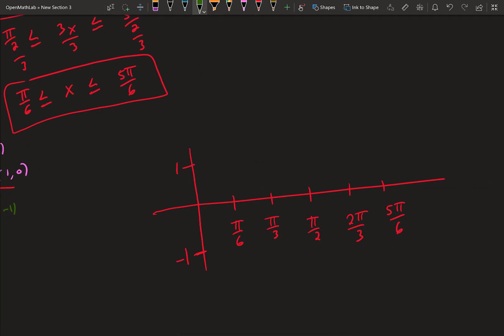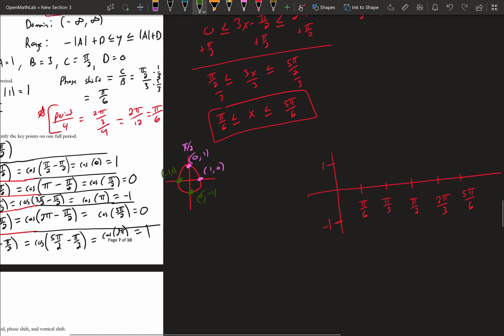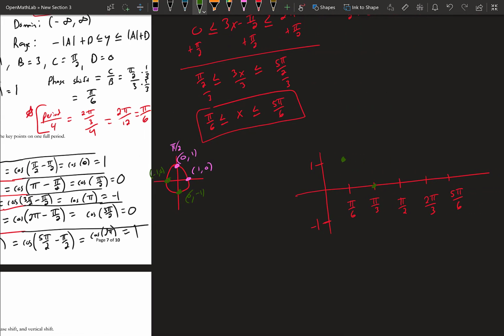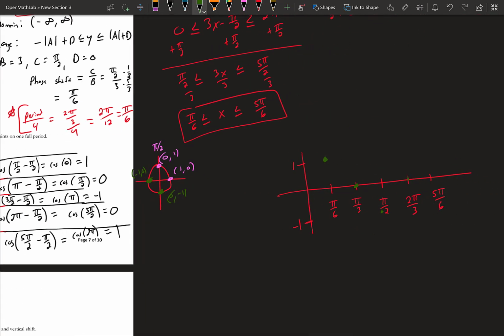So if I plot these points, for pi over 6 we had 1, pi over 3 was at 0, pi over 2 is -1, 2 pi over 3 was 0, 5 pi over 6 was 1. Right, so that's one period of this cosine function. That's the typical period. And we identified those key points.